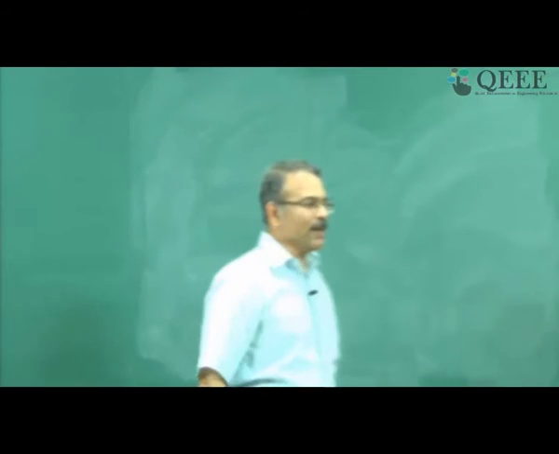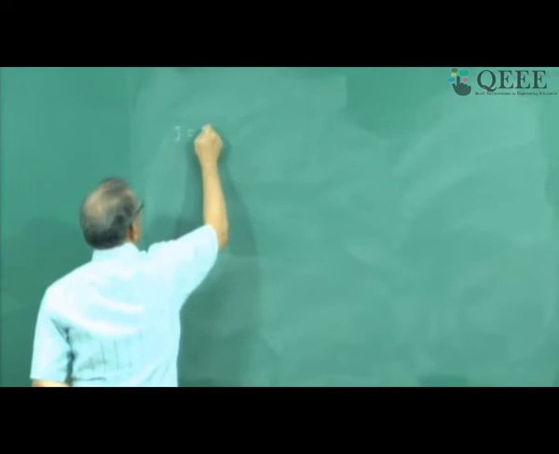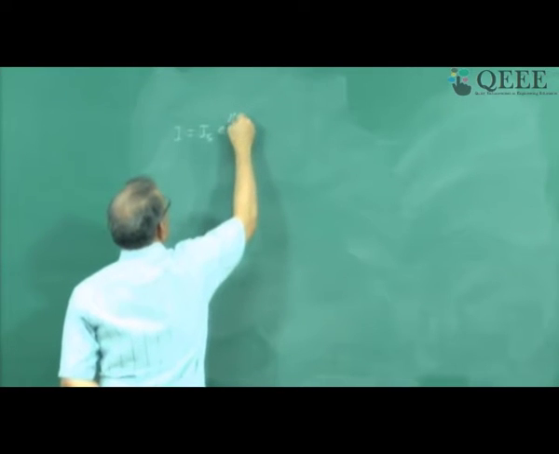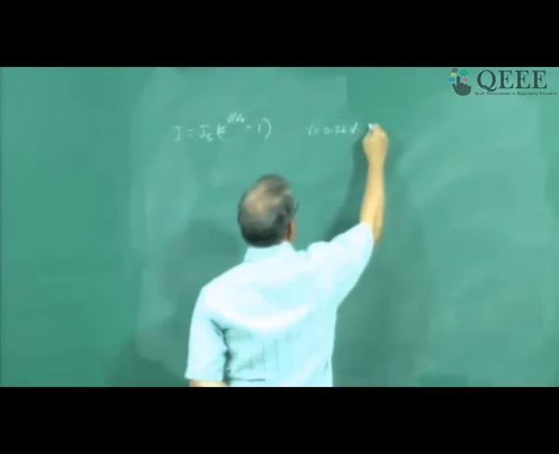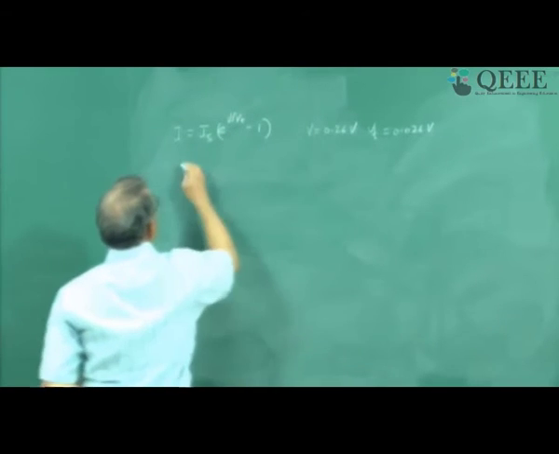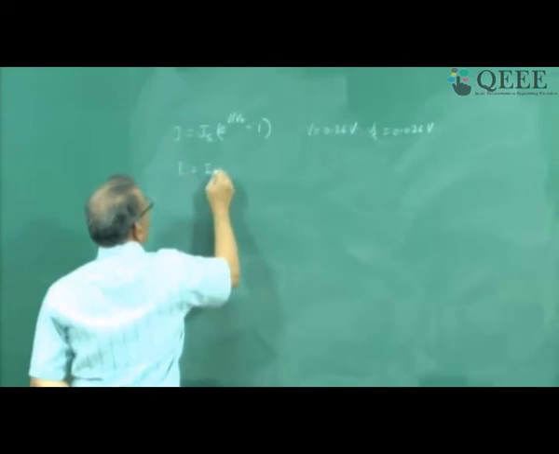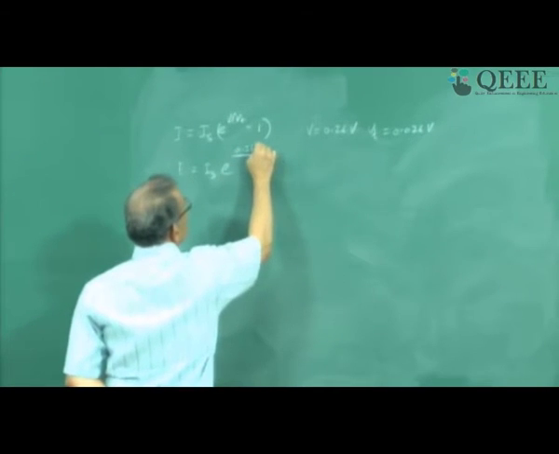Now how do we put all these things? So first I need to calculate, so let me put the equation I equal to Is exponential of V by Vt minus 1. V is 0.26 volts. Since temperature is 300 K, Vt is 0.026 volts. So if I substitute these values here, I will get I equal to Is the exponential of 0.26 volts by 0.026 volts.